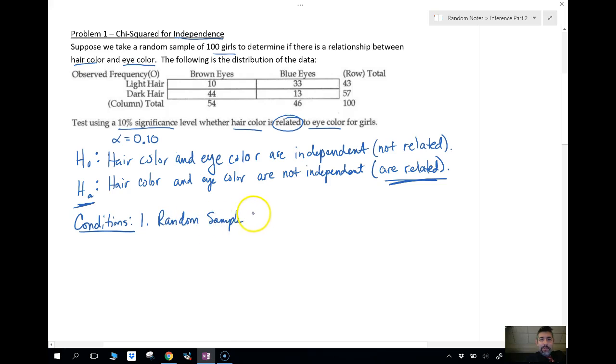So we've got a random sample of 100 girls. These conditions are the same conditions as the goodness of fit. So the goodness of fit one was that the second condition was that the data were in counts. So we're going to say that the data are in counts.